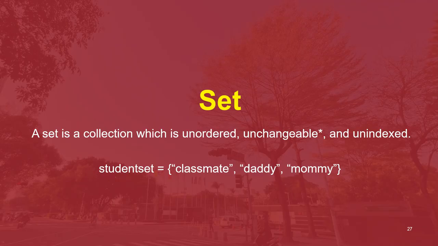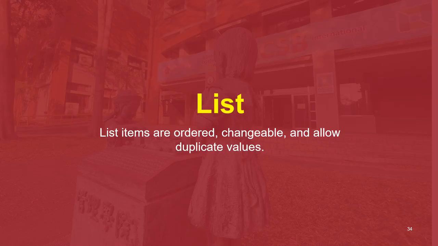And you need to notice that when we're using a set, we will use the curly bracket, 大括号. Each term we use double quotes or single quotes to quote it, and we have the three variables in there. So that is the set.